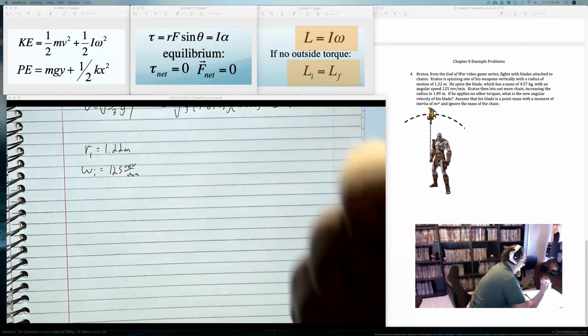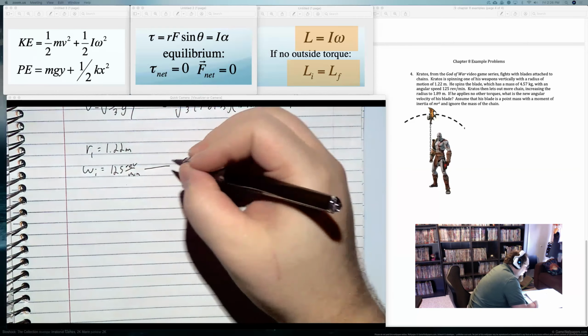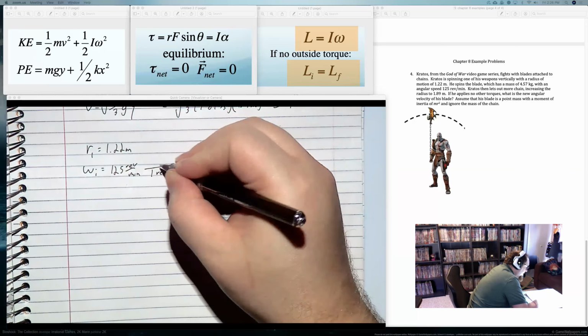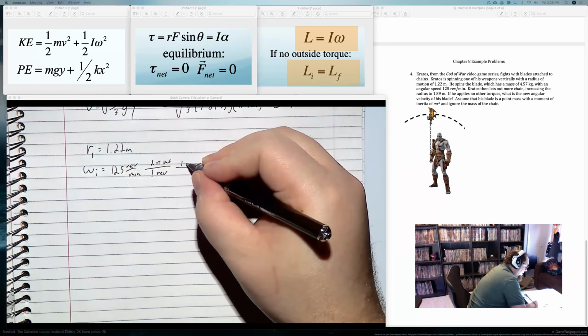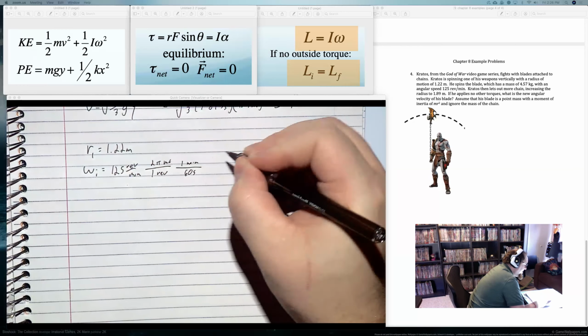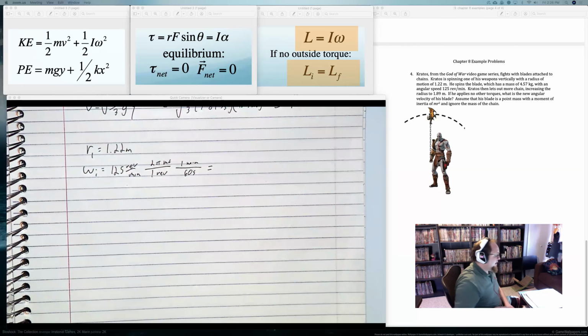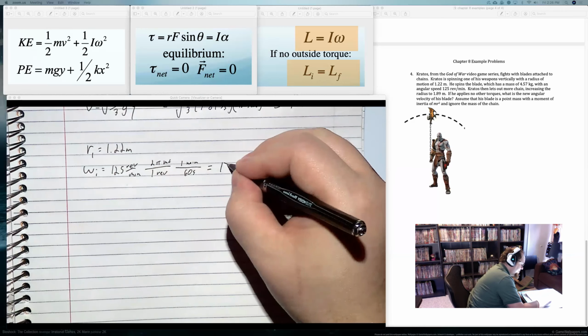Revolutions per minute, I never want to use. I do happen to know, though, that one revolution is 2 pi radians and 1 minute is 60 seconds. So if I want to convert revolutions per minute to radians per second, I'm just going to multiply by 2 pi and divide by 60.